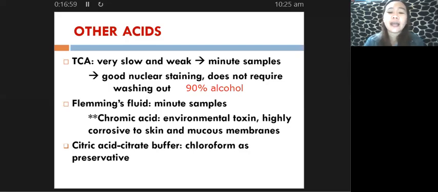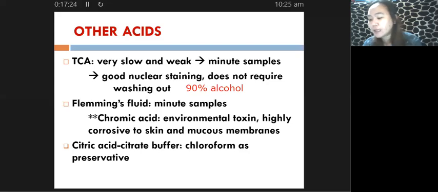All right, so next we have your citric acid citrate buffer. It is maintained at a pH of 4.5. The good thing about your citric acid citrate buffer is that it provides excellent nuclear and cytoplasmic staining.